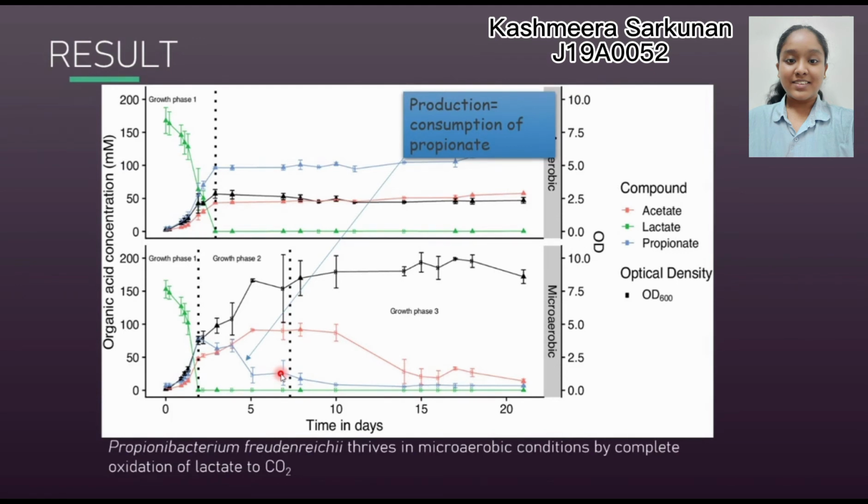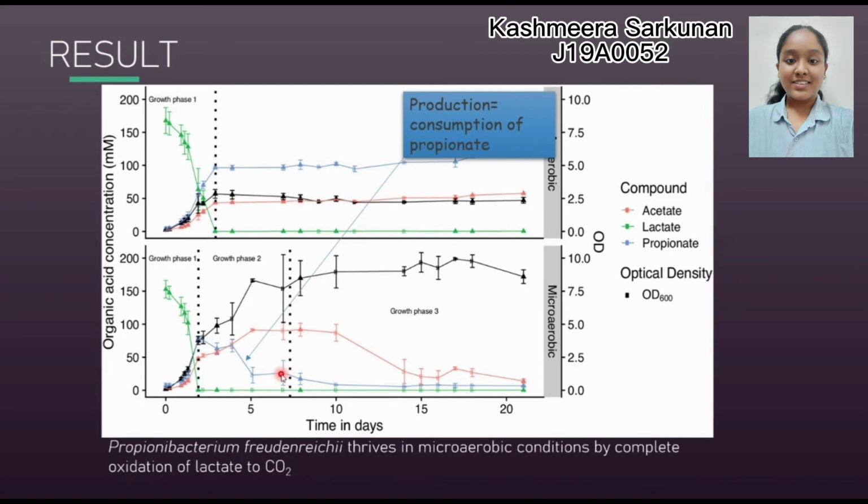A switch from propionate production to consumption can be observed here from anaerobic to aerobic condition by this bacteria. In E. coli, the switch from production to dissimilation of secreted acetate is also known as the acetic switch, when its preferred substrate becomes limiting and the electron transport chain is possible.